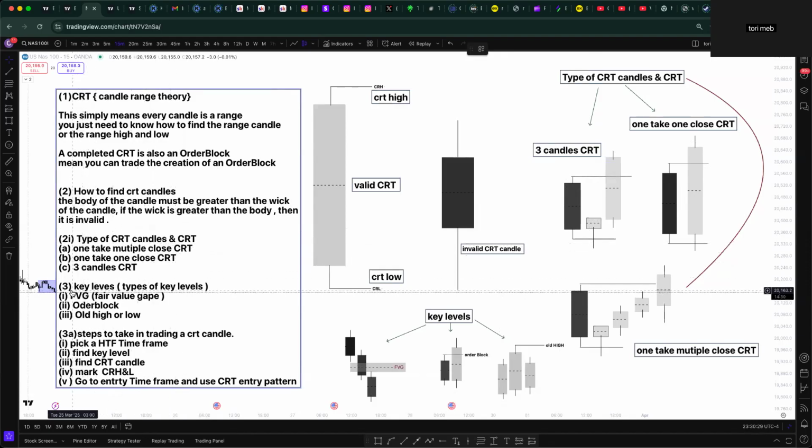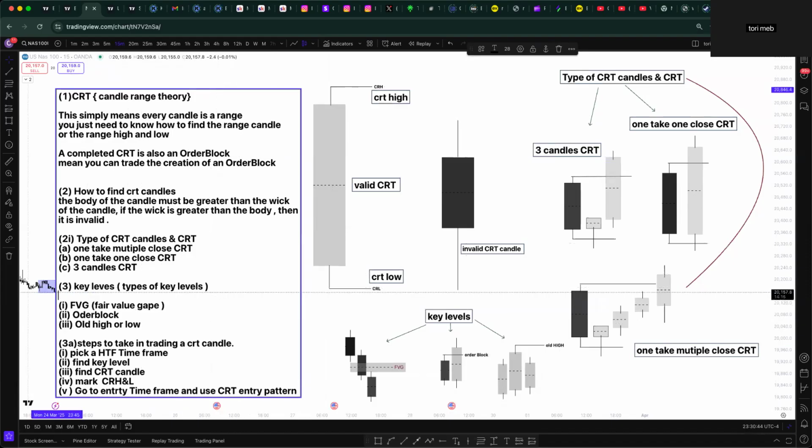Now, the next thing is the key levels and the types of key levels. Key levels are areas where we want to see our CRT formed or tapping into. So I write that here.